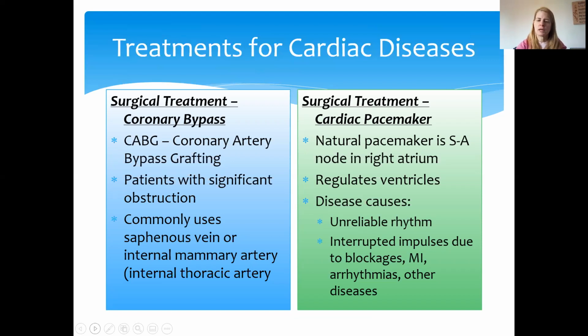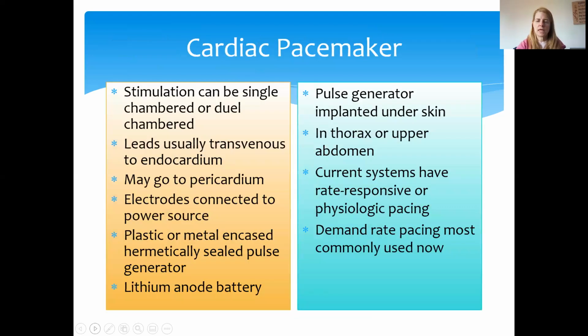So sometimes a cardiac pacemaker is placed to regulate and take the place of the naturally occurring SA node. Stimulation from the cardiac pacemaker can be on a single chamber of the heart or on more than one chamber. It has leads that go to the heart, and it usually affects the endocardium, can go to the pericardium.